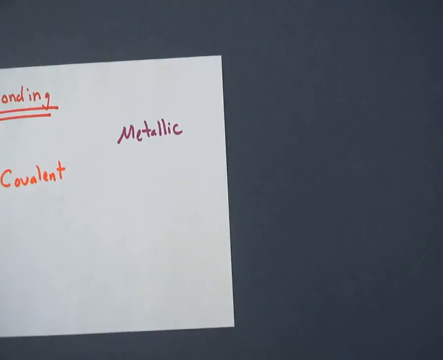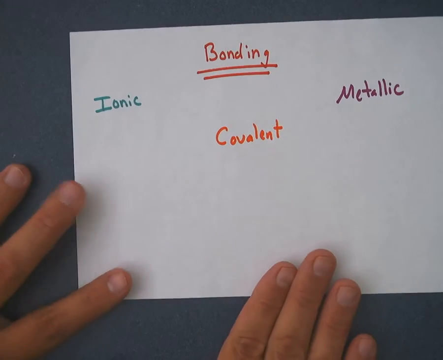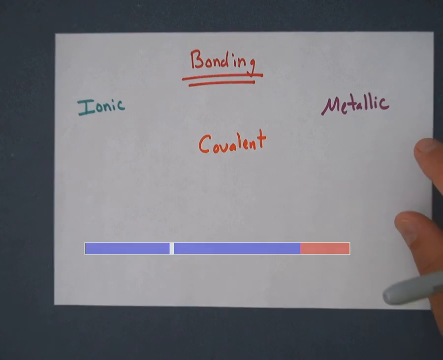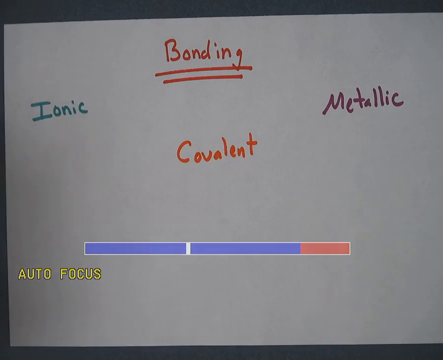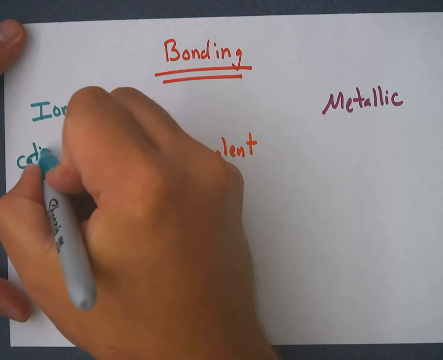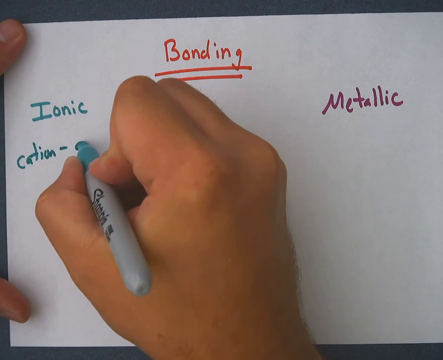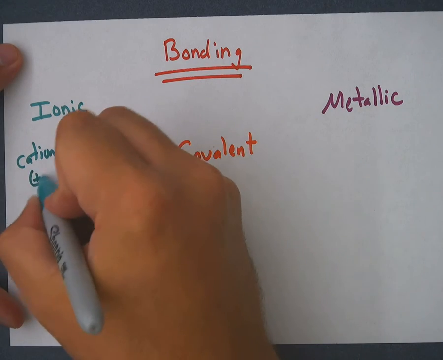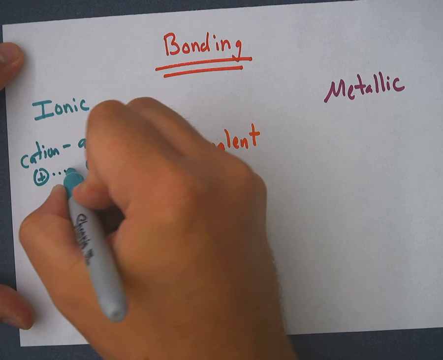So bonding is essential, and there are three types of bonding that we're going to talk about in this class: ionic bonding, covalent bonding, and metallic bonding, okay? Ionic bonding is where we have a cation that is attracted to an anion, so the positive cation is attracted to the negative anion.